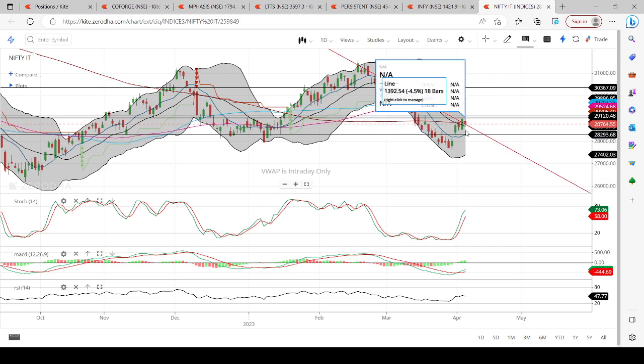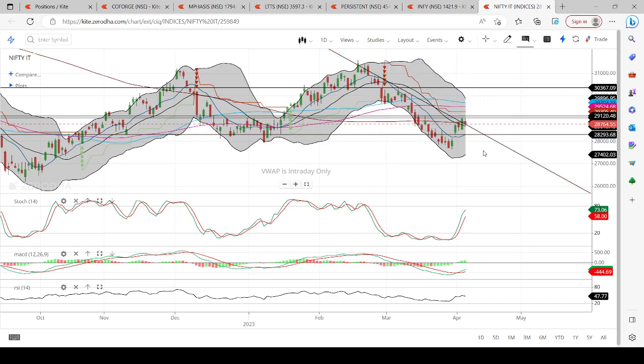So the close is above the 200 moving average for 2 days, but one day up and one day down when compared with the 200 moving average. All we require is two closes above the 200 moving average for the index to have a strong run on the higher side.